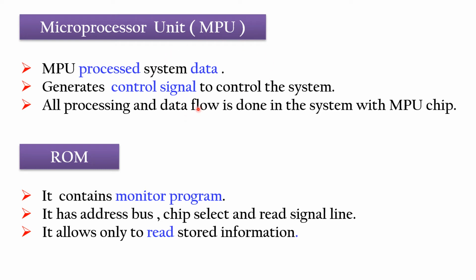What are they? To fetch, decode, execute the program instructions in proper order, to transfer the data to and from the memory and to and from the input-output section, respond to external interrupts and provide overall timing and control signals for the entire system. So these are the functions of the MPU unit, right?